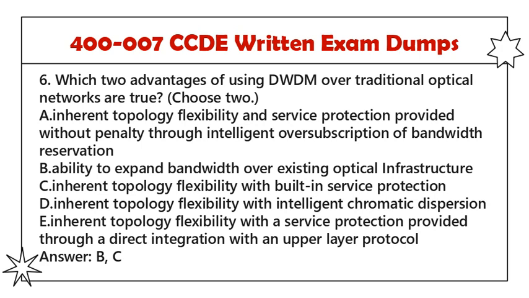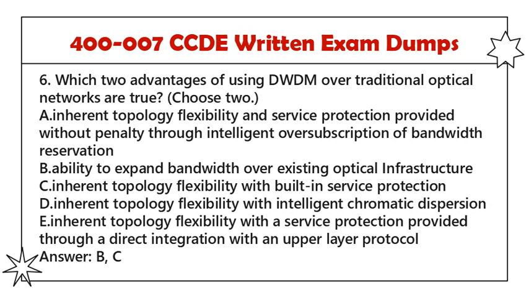6. Which two advantages of using DWDM over traditional optical networks are true? Choose 2. A. Inherent topology flexibility and service protection provided without penalty through intelligent oversubscription of bandwidth reservation. B. Ability to expand bandwidth over existing optical infrastructure.